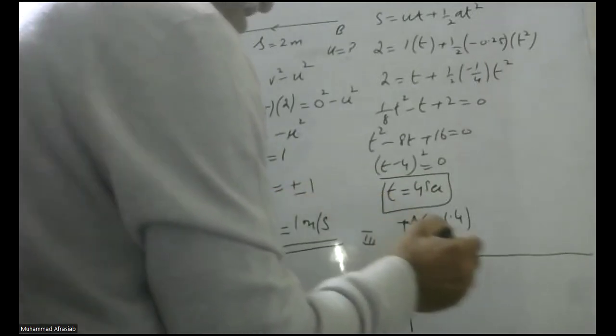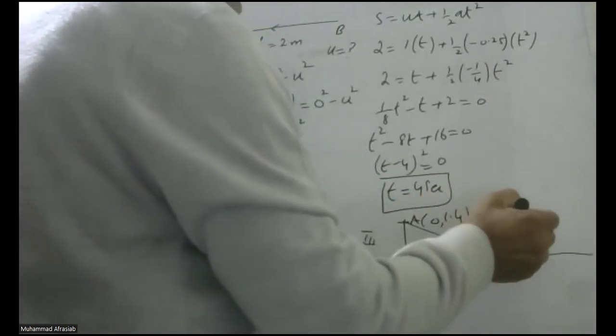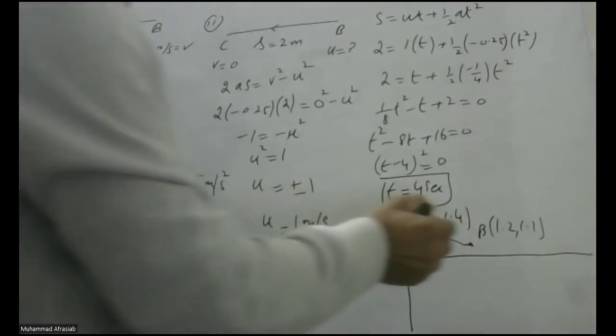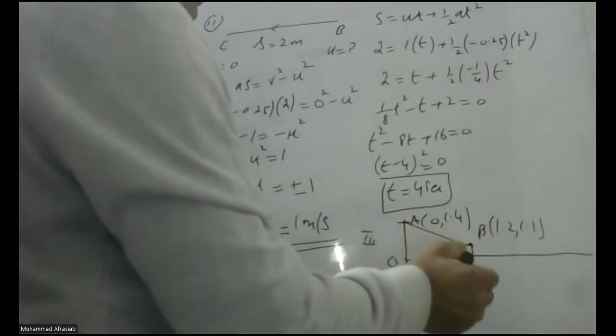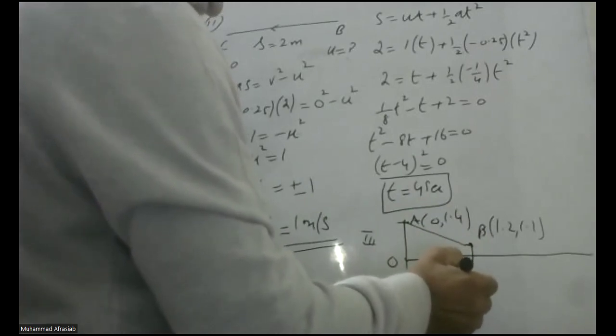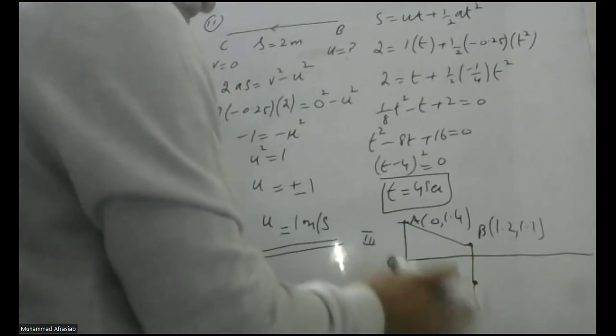So at B the time is 1.2 and the speed is 1.1. Then the ball bounces back, with the initial speed u equal to 1, because it is going backward towards A.